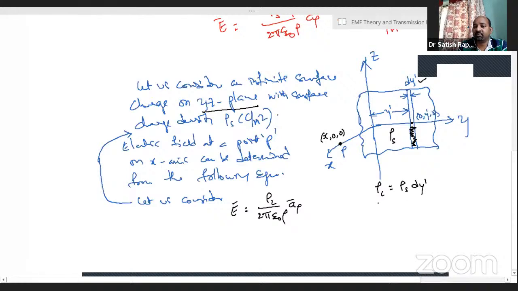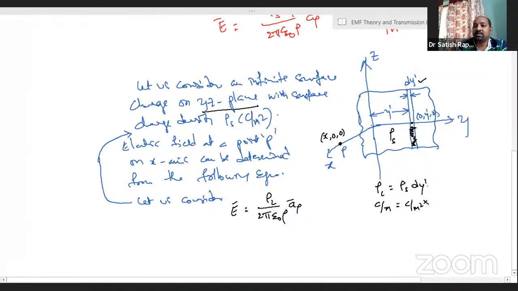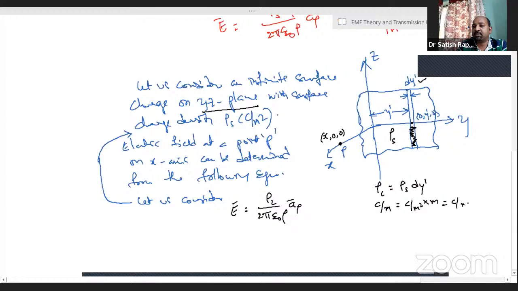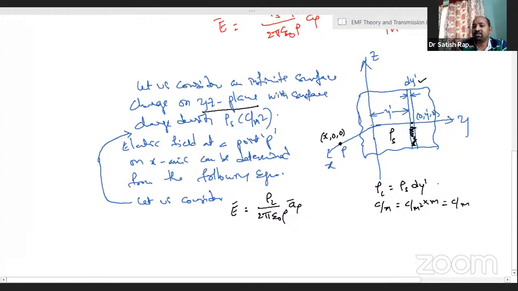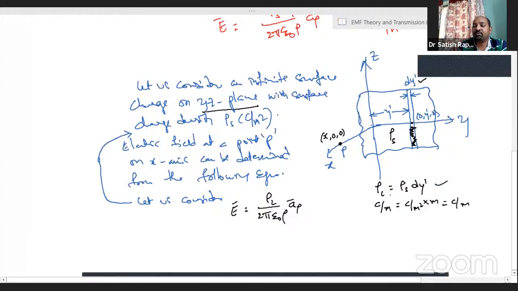You can verify: rho L is in coulomb per meter, and rho s is in coulomb per meter square, into dy', which is the width of the strip, in meters. So this is equal to coulomb per meter, and this equation is satisfied. So we can write rho L is equal to rho s dy'.